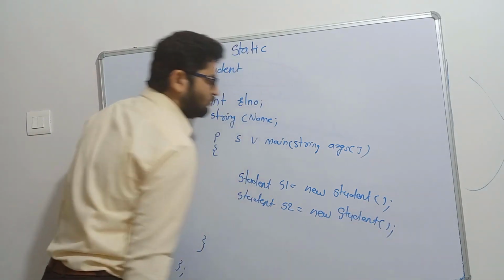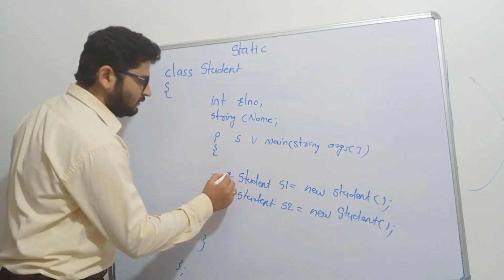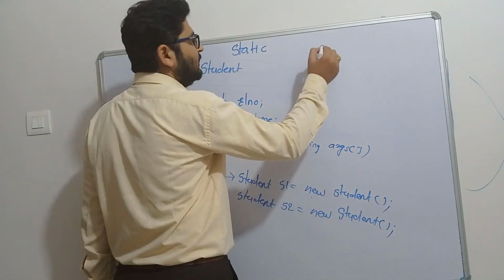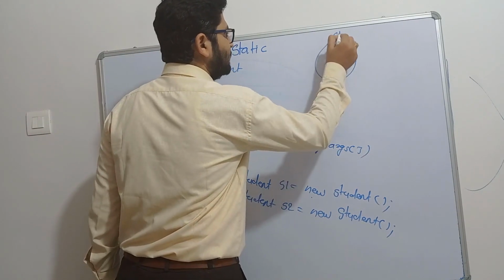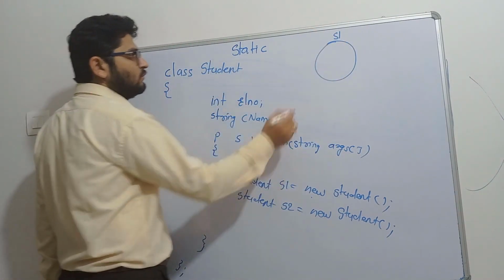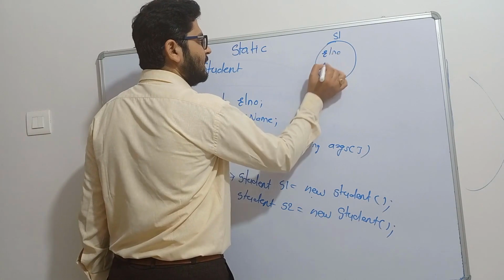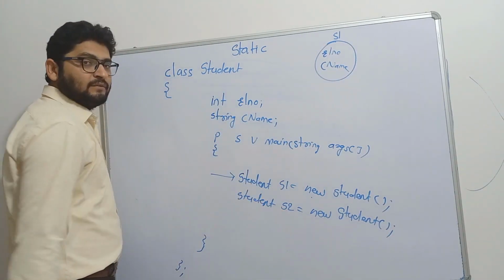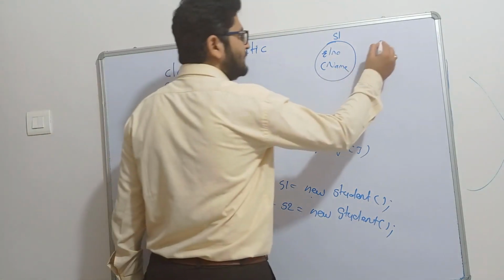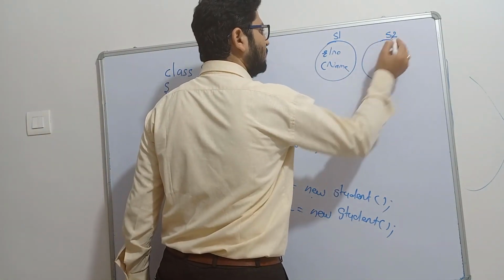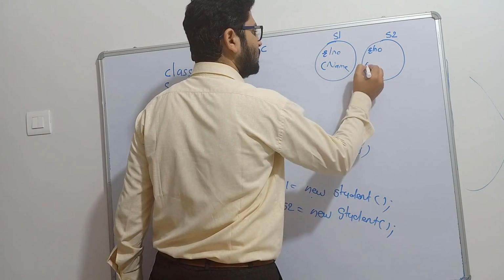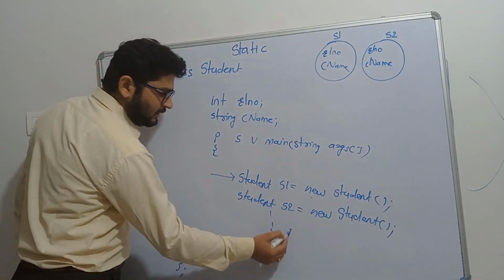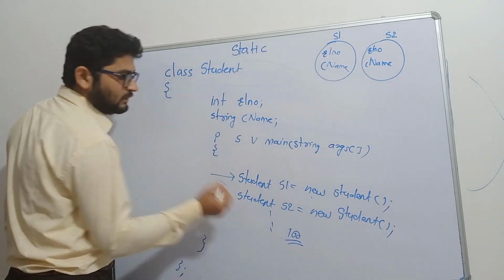Now, when this code is executed, first this line will be executed and the new keyword will create S1 as one object, and this S1 is going to have the roll number and the college name. Again, the second line is going to create one more object S2, with roll number and college name. Now suppose I have 100 such objects of class Student.